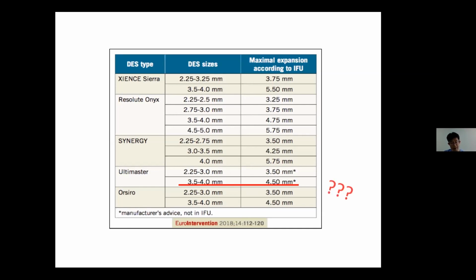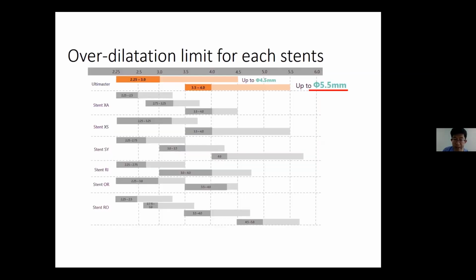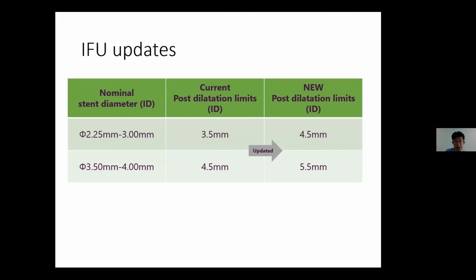Why? Really, the over-dilatation limit for each size: the Ultimaster 4.0 stent can be dilated at most to 5.5, which is okay. If you update the size, the 3.5 or 4.0 Ultimaster size is okay up to 5.5. Actually, the 3.0 Ultimaster stent we can dilate at most to 4.5, but the 4.0 Ultimaster stent up to 5.5 is okay.